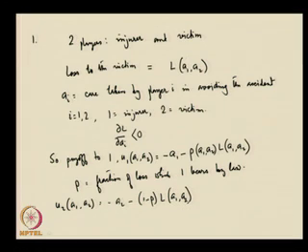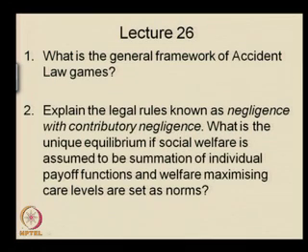So, we have 1 minus rho multiplied by L. So, this is the general framework of accident law games. The law specifies rho. Given the different ways in which rho is specified, the players decide how much care they will undertake. So, this is essentially the framework of the accident law games.